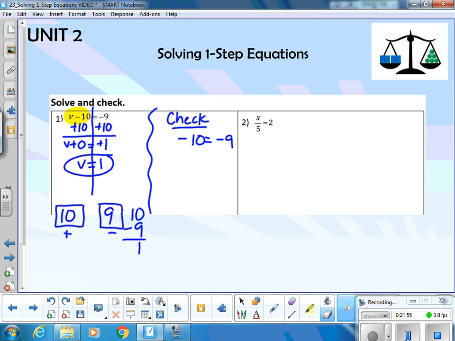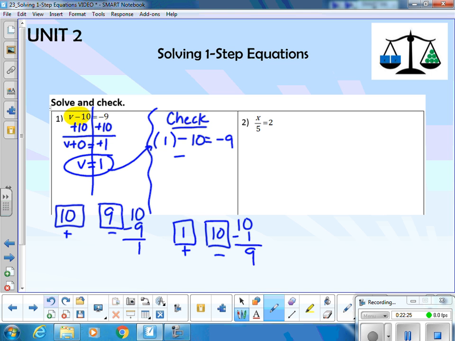I'm going to take my V out, plug in my new value, which was 1. 1 minus 10, if I use my battle boxes or a calculator, I have a positive 1 and a negative 10. Which one has more? My negative. How much more? 10 minus 1 is 9. So my answer is negative 9. Negative 9 equals negative 9, so I know my answer is correct.